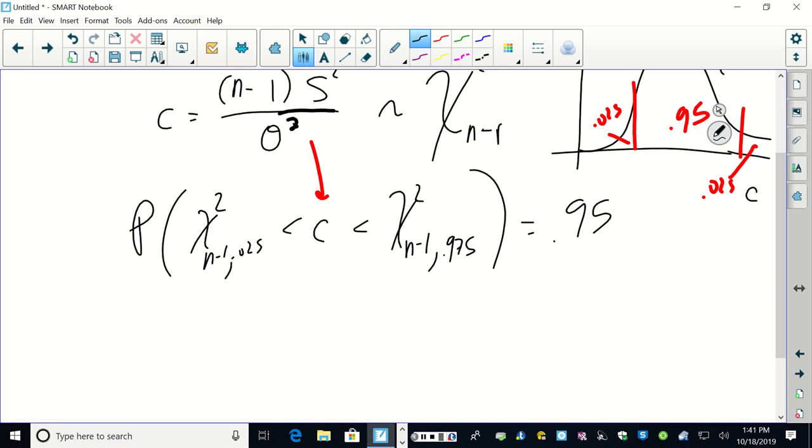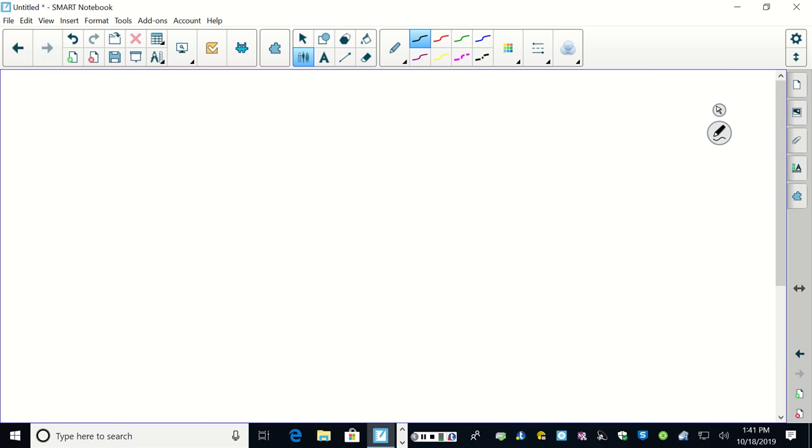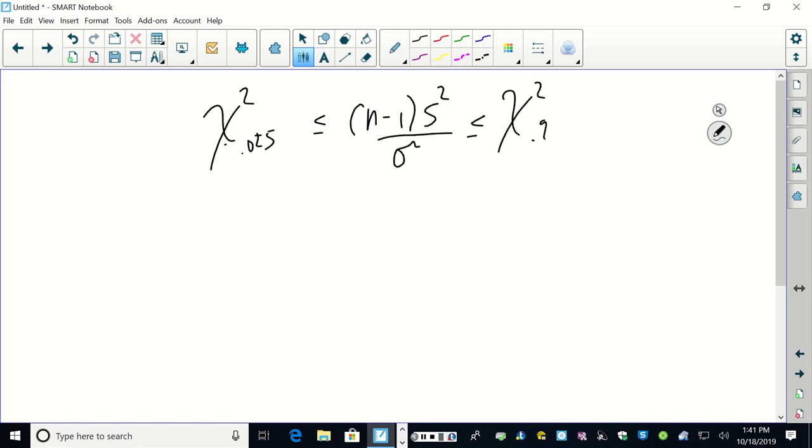The way this one works out, you have the chi-squared lower 0.025, and I'll leave off the degrees of freedom to save writing, less than n minus 1 s squared over sigma squared, which is less than the chi-squared 0.975 for the upper one. You take this side first and solve for sigma squared, and then this side and solve for sigma squared.